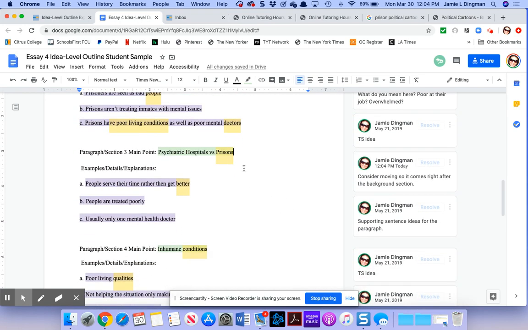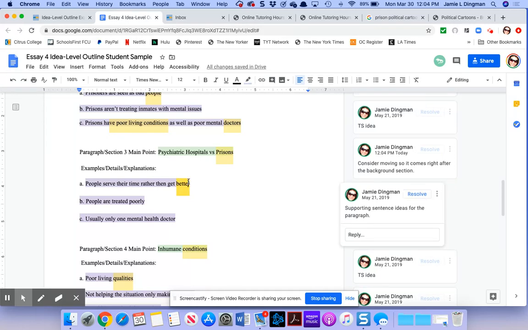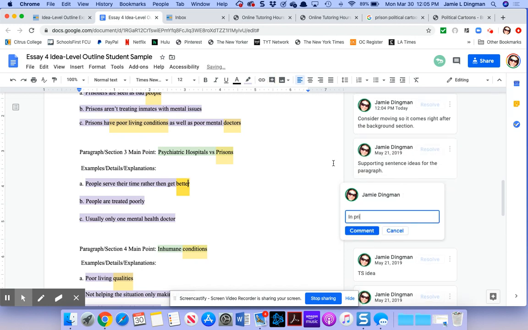So what they're trying to say about psychiatric hospitals is that people serve their time rather than get better. Okay, so I think what they're saying here is in prison, right? In prison, people serve their time.